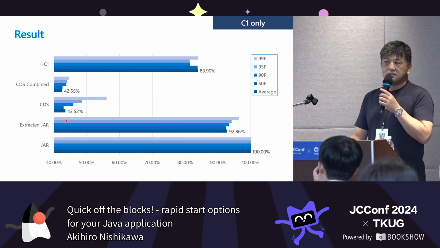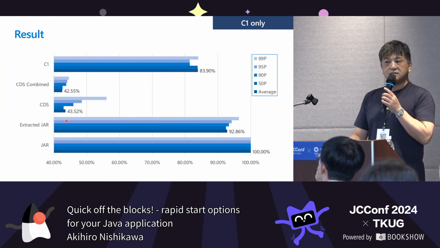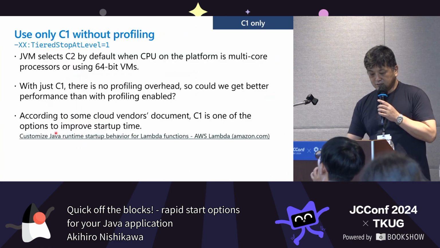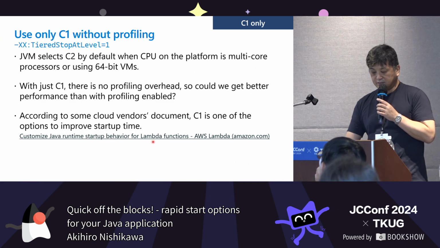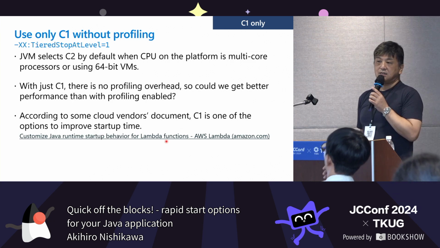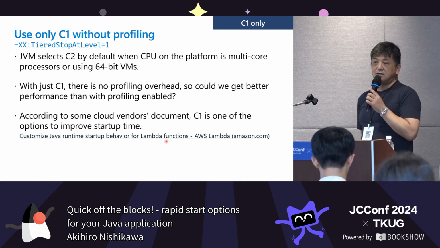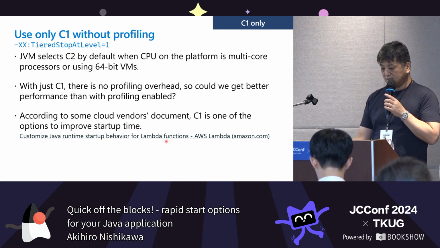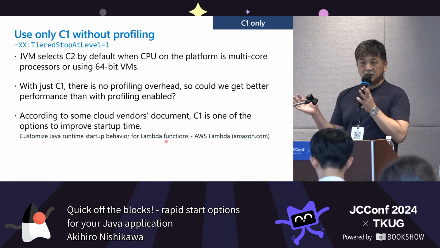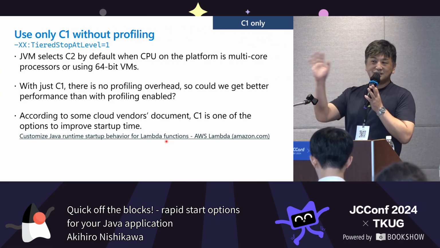But the C1-only option is recommended by AWS Lambda, in its document on customizing Java runtime startup behavior for Lambda functions. In this document, they recommend using the C1-only option, but it depends upon your use cases.